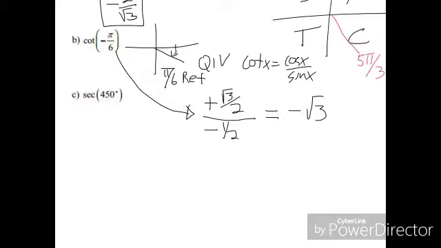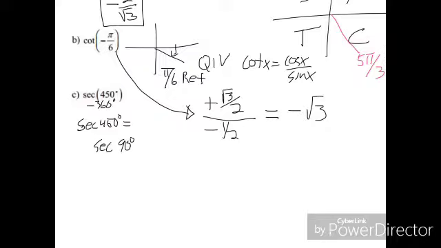All right, secant. First off, 450 is outside the first circle. So we take 450 and we subtract 360, and we get 90. So secant of 450 equals secant of 90. Just subtract 360.